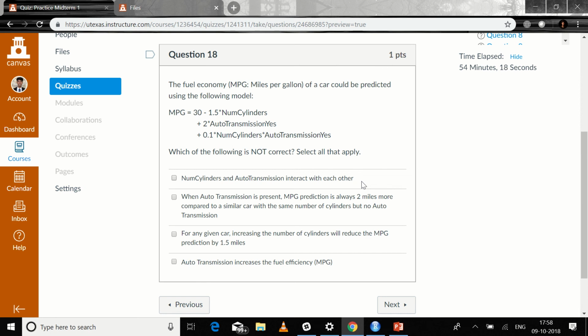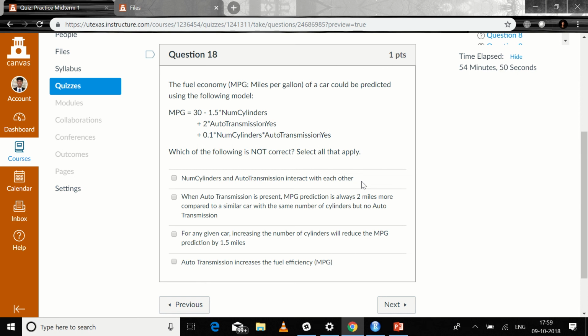You're supposed to put that as an answer because it asks which of these are not correct. The answer is correct, but the logic is not correct. And he wants you to give the answer for something that's not correct, right? Yeah. I was just saying that it's not always 2 miles more compared to a similar car, because by saying that statement, you're essentially trying to say that this is all the auto transmission term. There is another term that has auto transmission in it, another auto transmission term that depends on the number of cylinders as well.